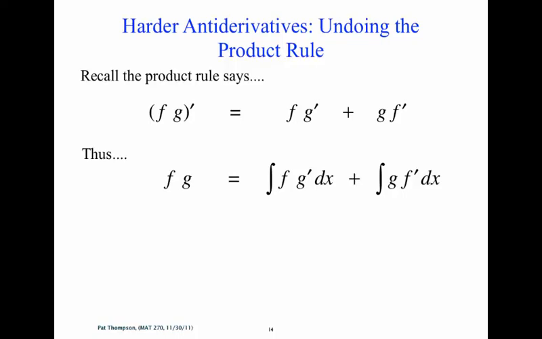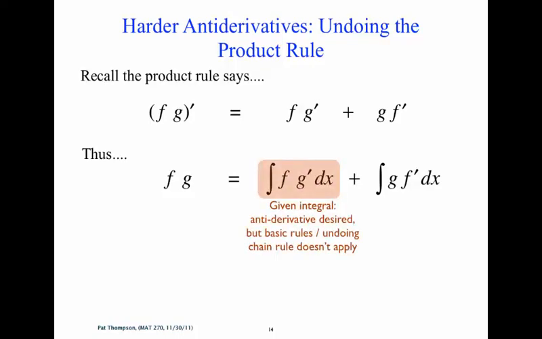Does it make sense? Okay, so these problems, though, you don't get the sum of two integrals. You just get one integral. Okay, so your given integral is something like this. This is the antiderivative that we are desiring. Okay, but when we look at the fg prime, whatever this thing we're taking the integral of, basic rules, undoing the chain rule doesn't apply.